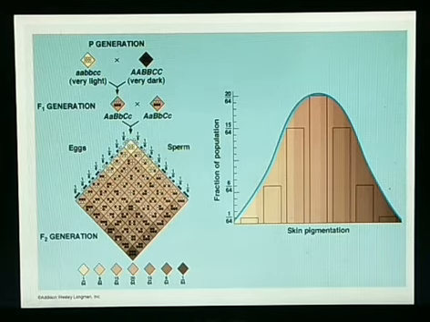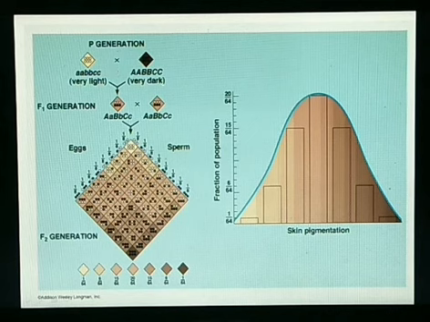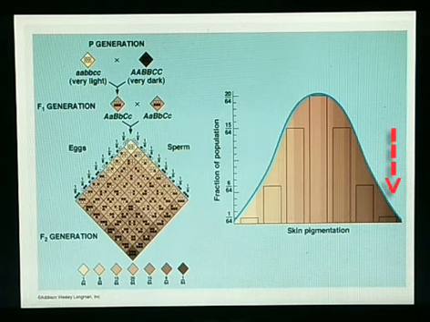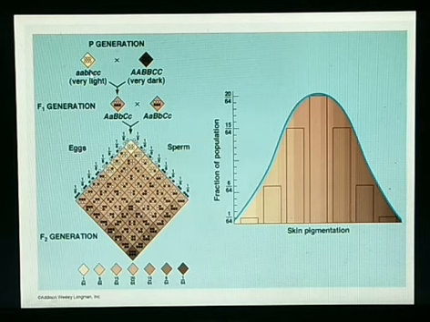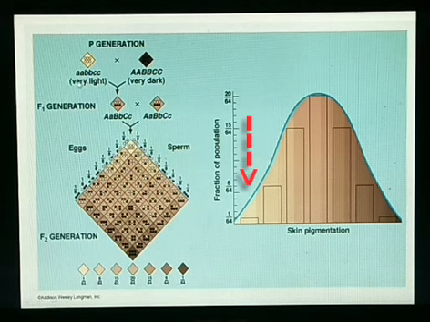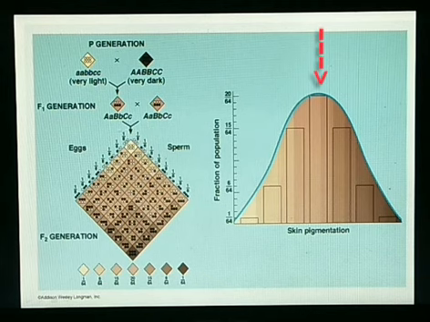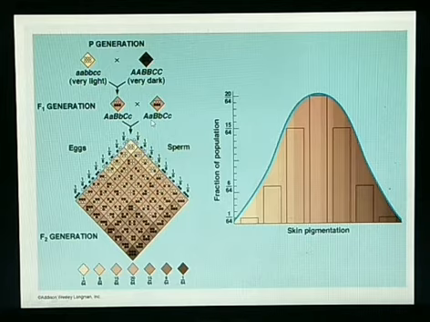The genotype with all the dominant alleles, capital A, capital B, capital C, will have the darkest skin, and the recessive alleles, small aa, small bb and small cc, will have the lightest skin color. So as expected, there will be intermediate skin color too, as we see in the F1 generation.